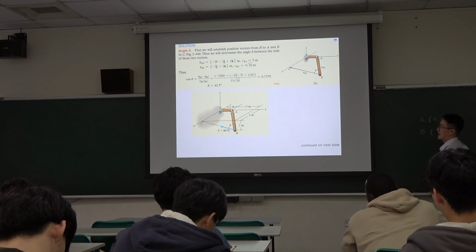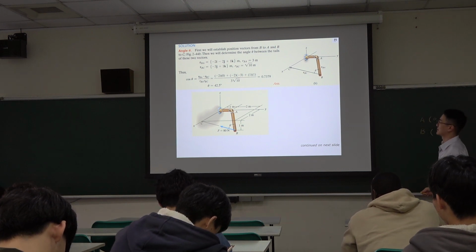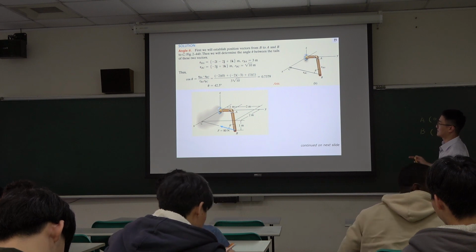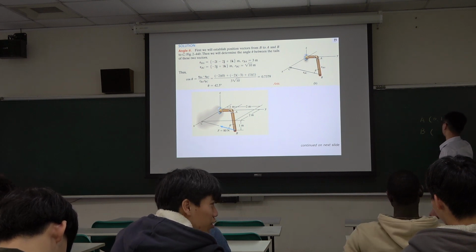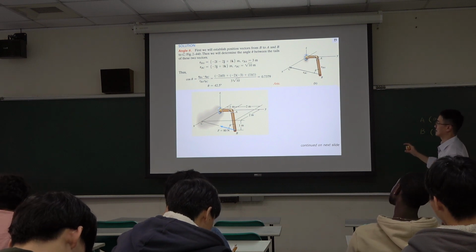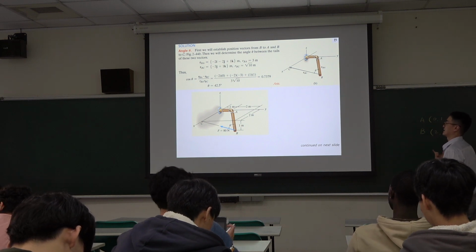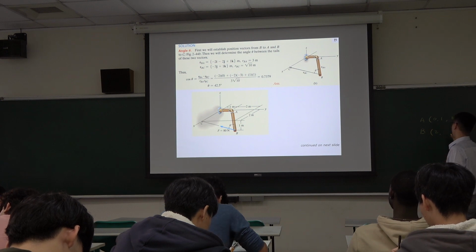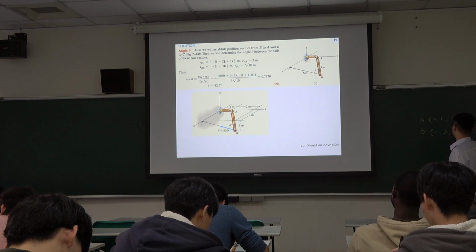B has x value is 2, y is 3, where z is negative 1.